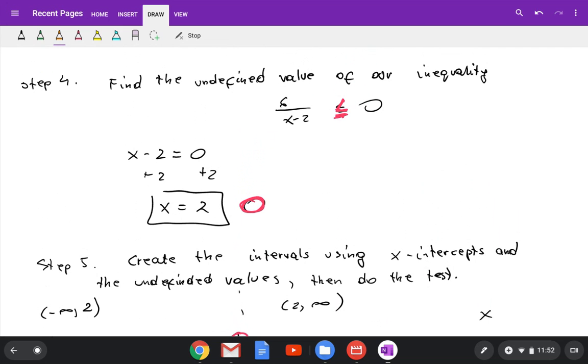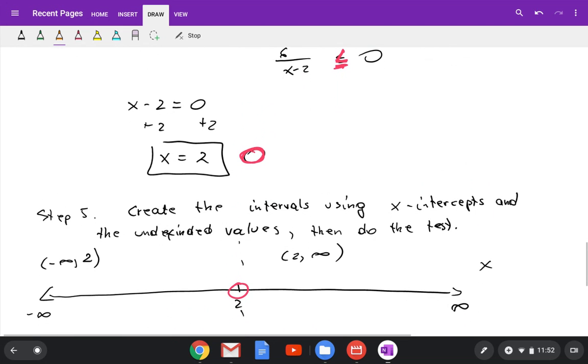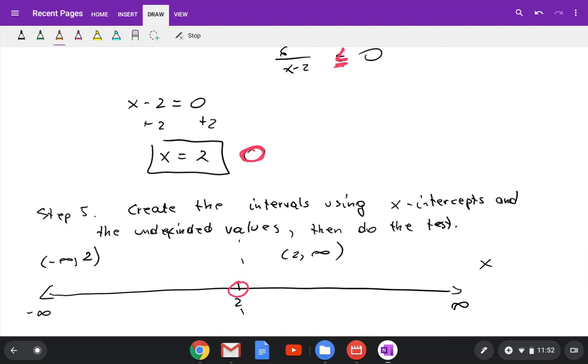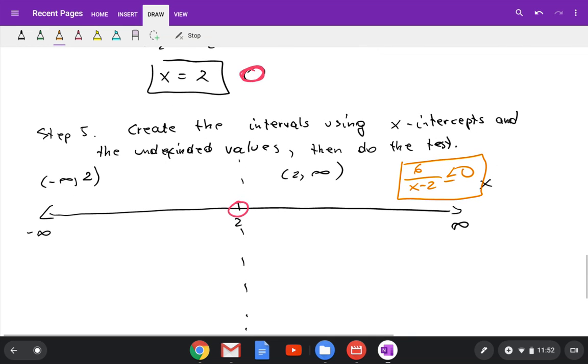Okay, so don't forget that we're solving 6 over x minus 2 less than equals 0. This is our inequality, so I just put that inequality here. So we're going to do the test. First I will work with the first interval. I'm going to pick any x from the interval from negative infinity to 2. I will make it easy, pick x equals 0.